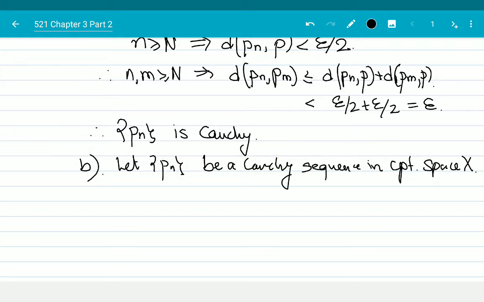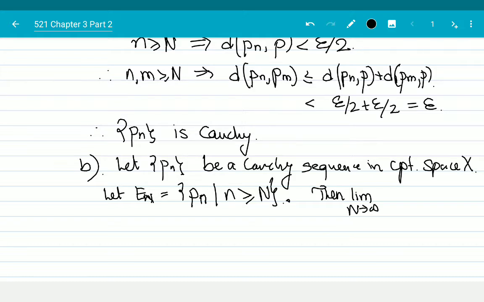Then let En be equal to the set of points Pn such that n greater than or equal to N. Okay. Then because my sequence is Cauchy, the limit as n goes to infinity of the diameter of En bar is equal to 0 by the previous theorem.